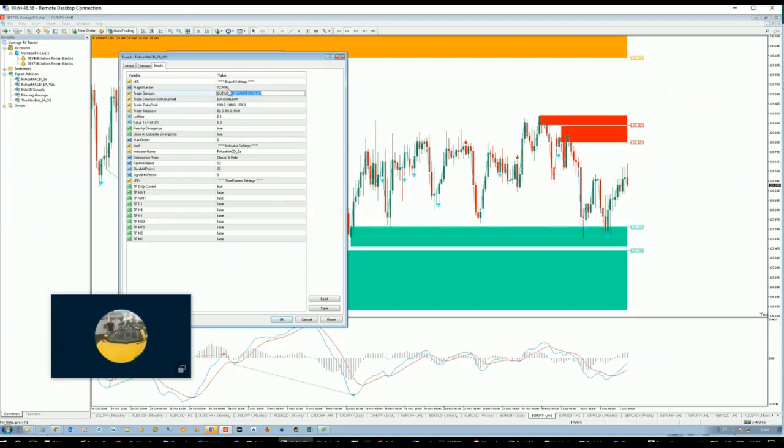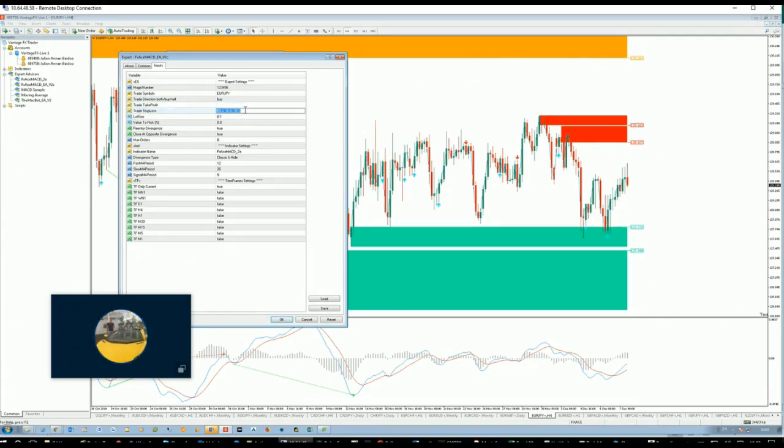Okay, so this is Euro JPY. Direction buy. So take profit, set just empty, understand?